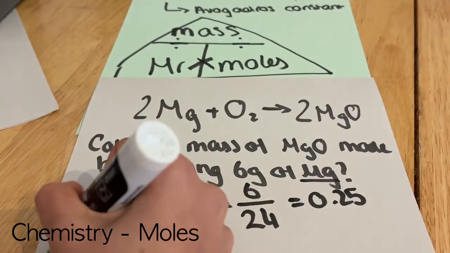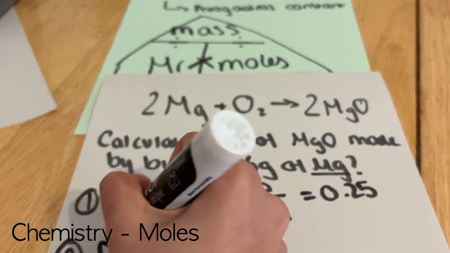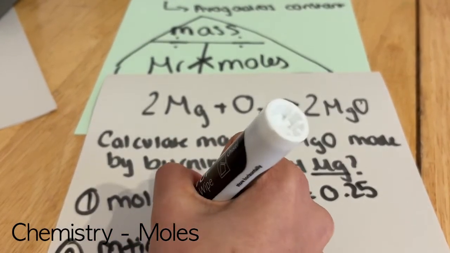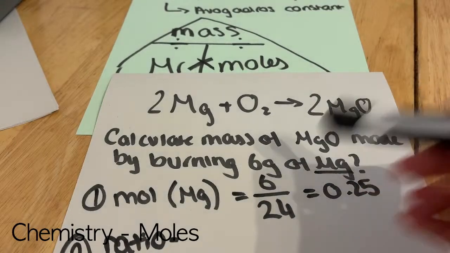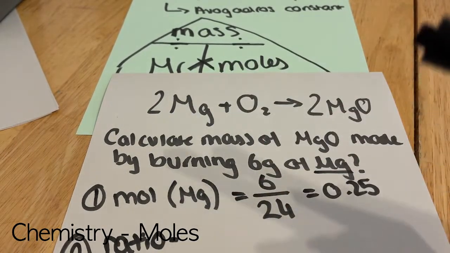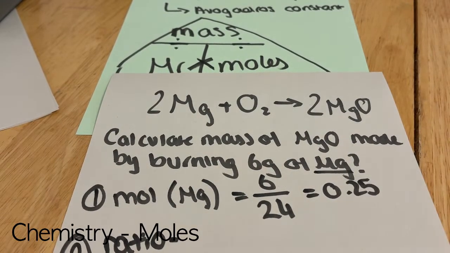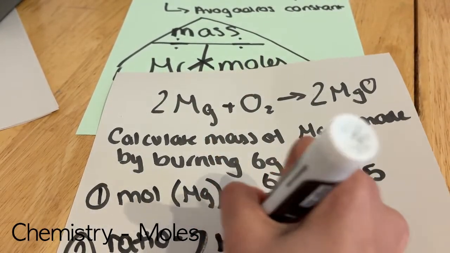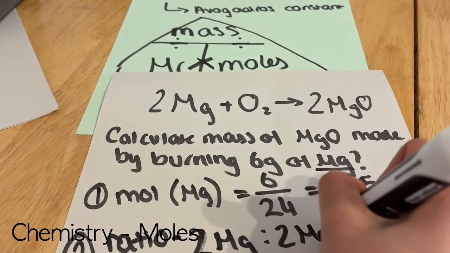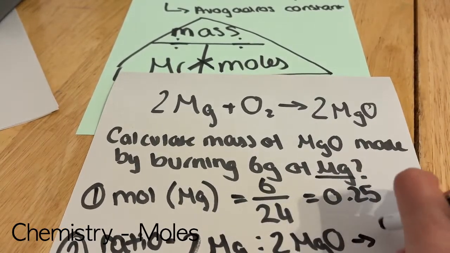The second step we need to do is to use the ratio in the question. In the equation, we need to look at the ratio of the substance that they've given us the mass of, which is the magnesium, and the substance that we're trying to work out, which is the magnesium oxide. In this case, we've got a 2 to 2 ratio of magnesium to magnesium oxide, which simplifies to 1:1.